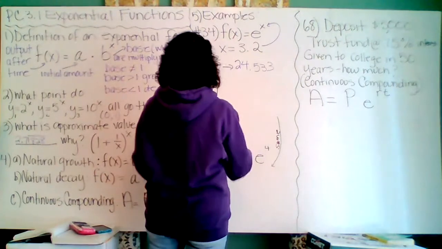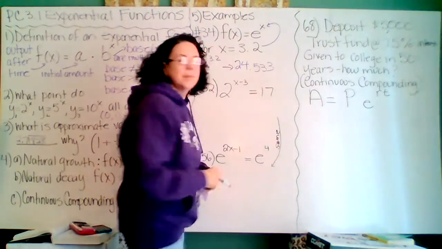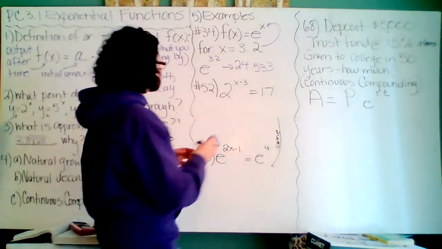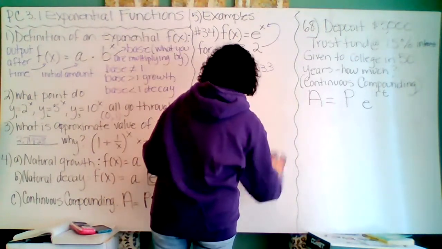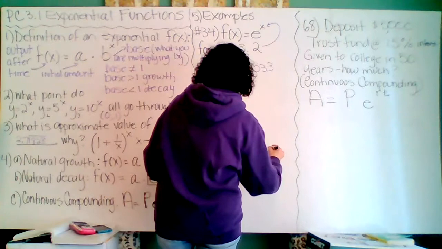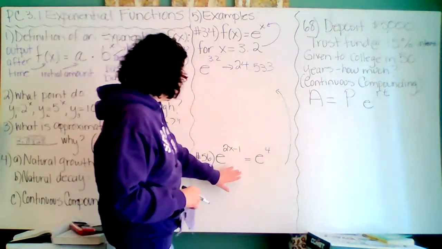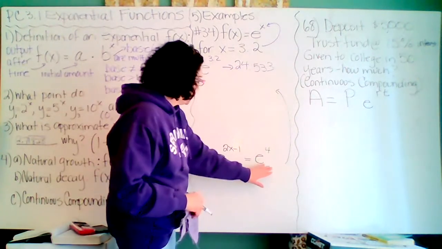What do I mean by when can I not use the one-to-one property? Here's what I mean. What if I had 2 to the x minus 3 equals 17? I can't write 17 with a base of 2. Can't use the one-to-one property. So let's look at number 56 then. They want us to use the one-to-one property. I'm just going to work above here. Notice that it says the left-hand expression equals the right and the bases are equal.